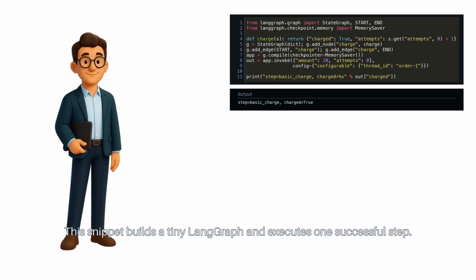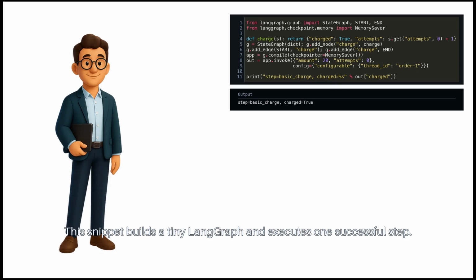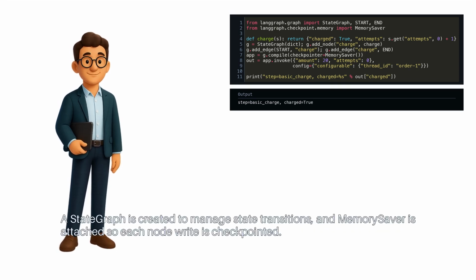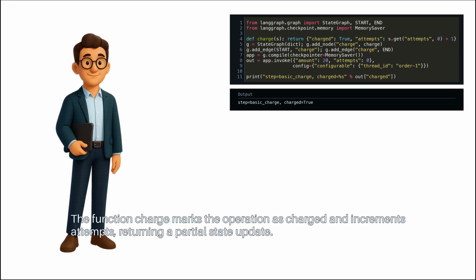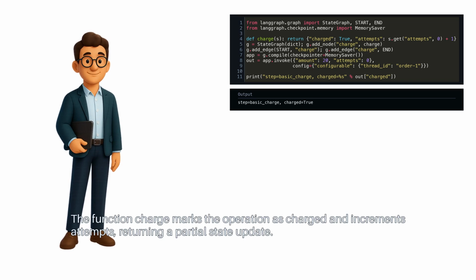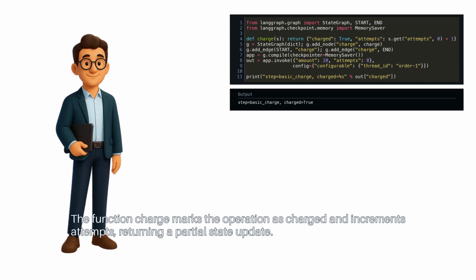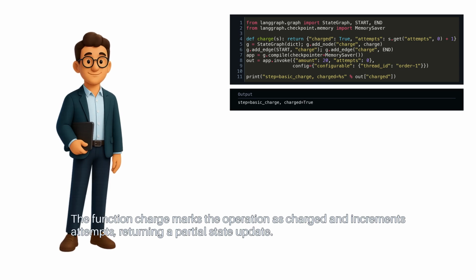This snippet builds a tiny LangGraph and executes one successful step. A state graph is created to manage state transitions, and memory saver is attached, so each node write is checkpointed. The function charge marks the operation as charged and increments attempts, returning a partial state update.